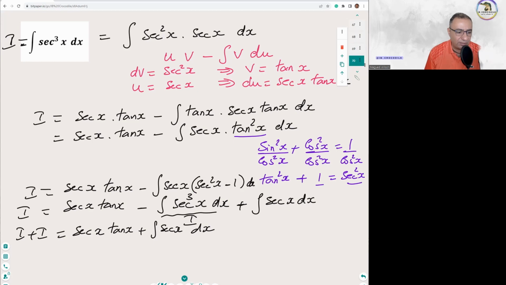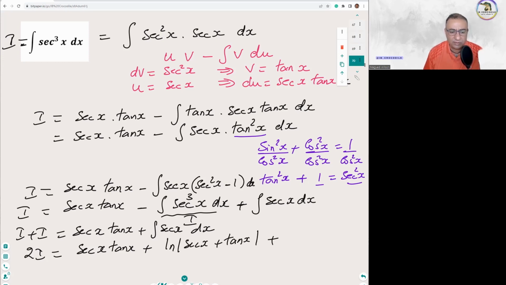So now the final answer: we have 2I is going to be sec x times tan x plus ln of the absolute value of sec x plus tan x, plus c. But then I need I only, so that's easy.